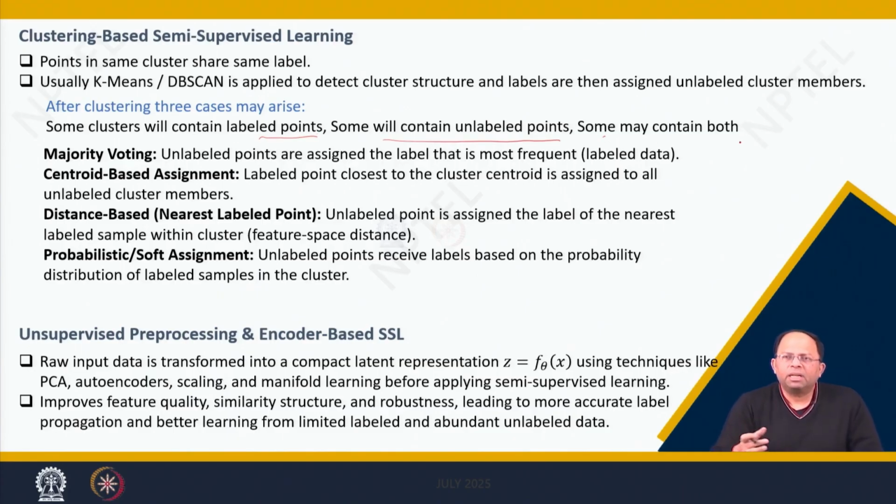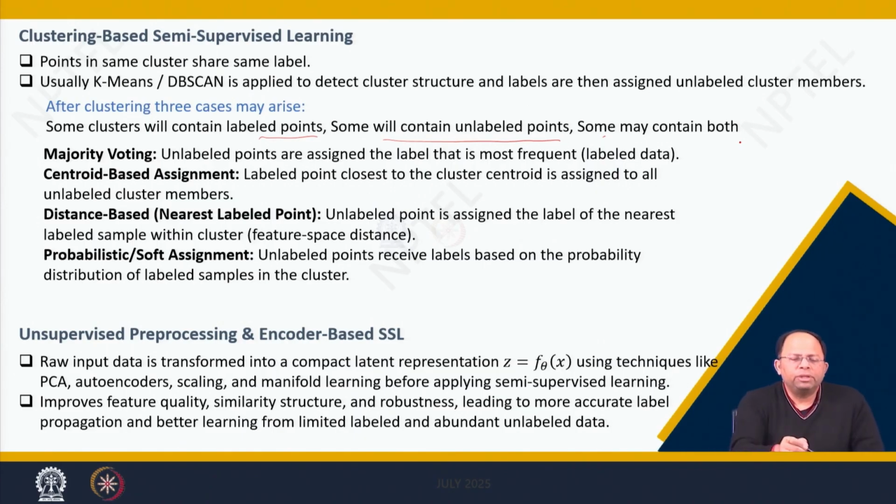But the basic idea is if there are labeled points within the cluster, most likely the cluster will have similar labels, or it may be aggregated, or some strategy used to find the labels based on the existing labels. And if there are none, there are also other strategies.